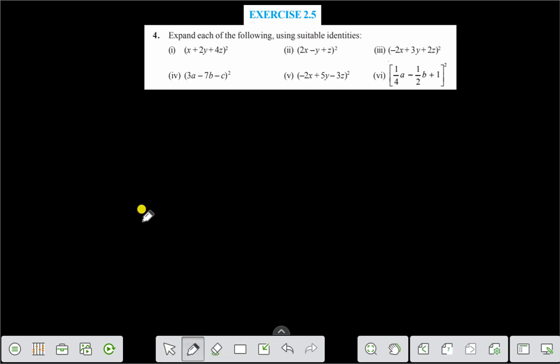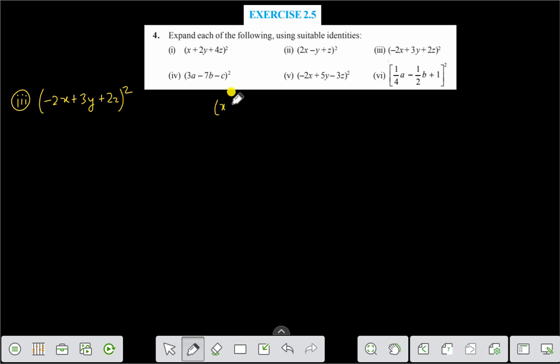Question number 3 is minus 2x plus 3y plus 2z whole square.